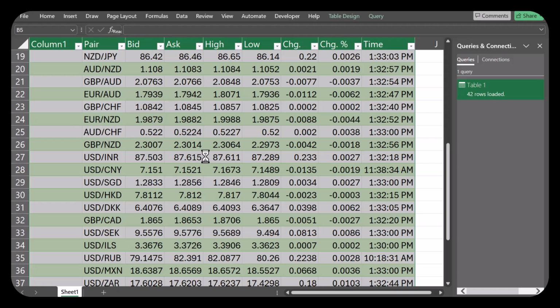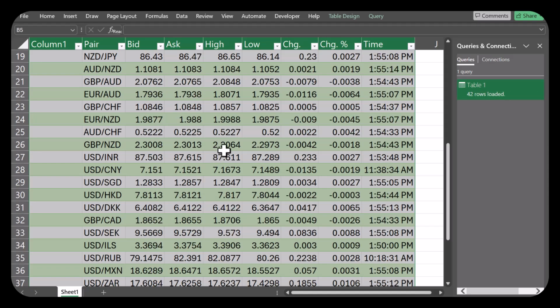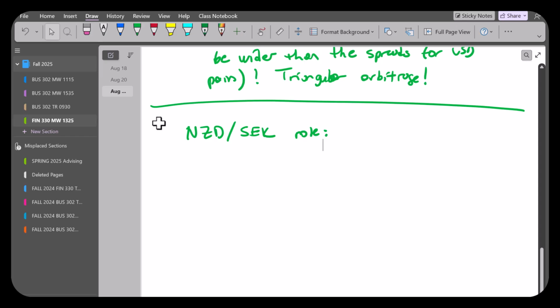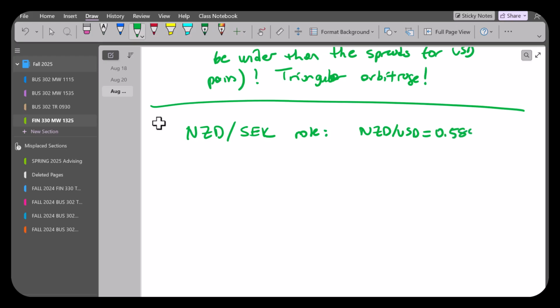If this was a graduate class, we would have spent some time on it. Maybe 0.5857, 0.5858, 0.5857. Remember, New Zealand, Australian, Euro, and British pound are exceptions.